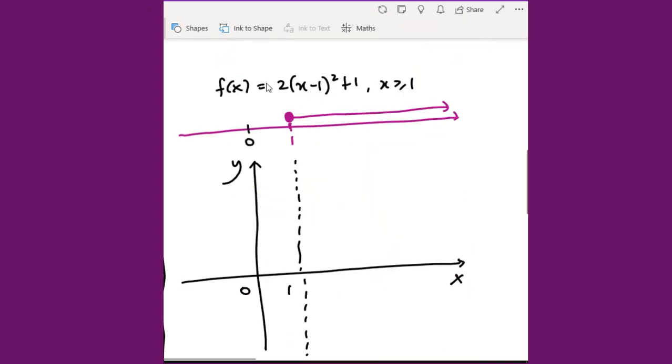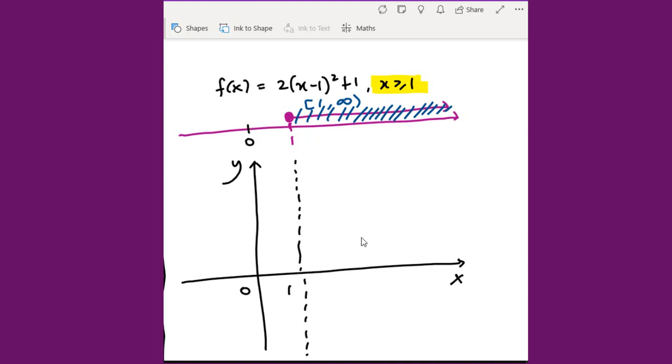Proceed to this type of graph. Let's say you want to sketch the same graph but in a restricted domain. The domain is given. First thing is to write the domain on a number line. This is the domain from 1 to infinity, so the graph is on the right-hand side only. No graph on the left-hand side, because there is no domain there.